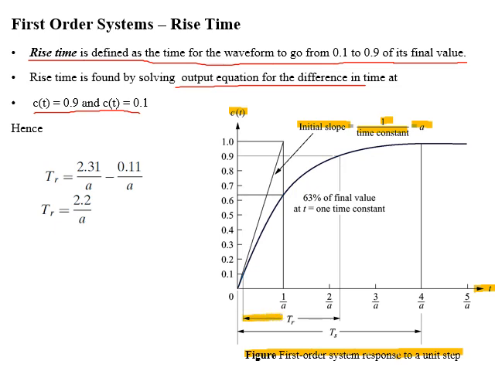Now for rise time, we will find the difference of time for system output 0.9 and system output 0.1. Mathematically, rise time will be equal to 2.31 divided by a minus 0.11 divided by a, and from this, rise time is equal to 2.2 divided by a for a first order system.